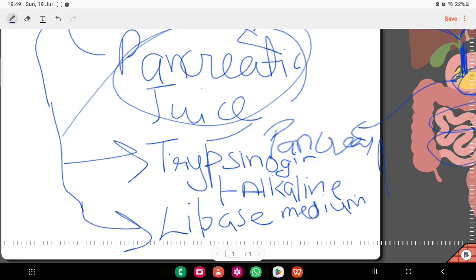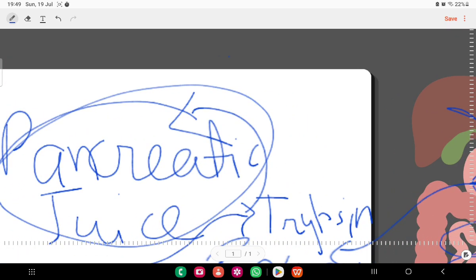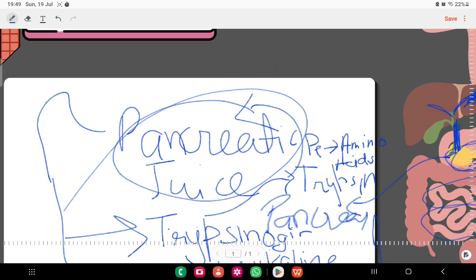Let me write it up. Trypsin finally breaks down those peptides into amino acids.